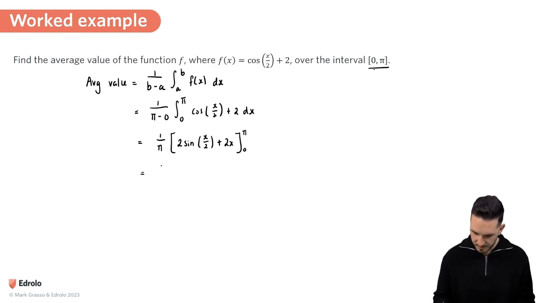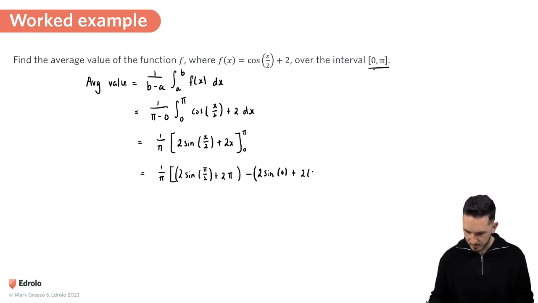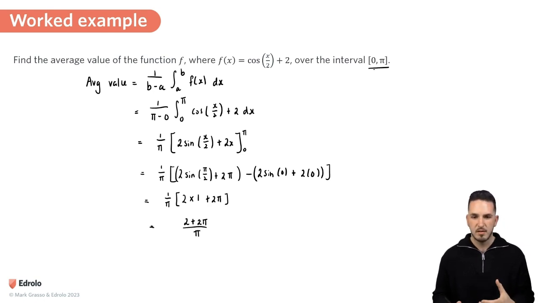Substitute this in, so we get 1 over pi times 2 sine of pi on 2 plus 2 pi, and then we subtract the substitution of 0, so it's 2 sine of 0 plus 2 times 0. 2 sine of 0 is just 0, so we're left with 1 on pi, and 2 sine of pi on 2 is just 1, so 2 times 1 is 2. So we're left with 2 times 1 plus 2 pi, and so this will become 2 plus 2 pi over pi. That would be our average value for this function f of x over the interval 0 to pi.